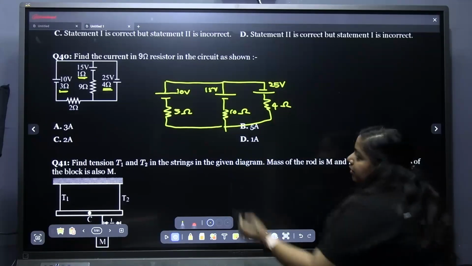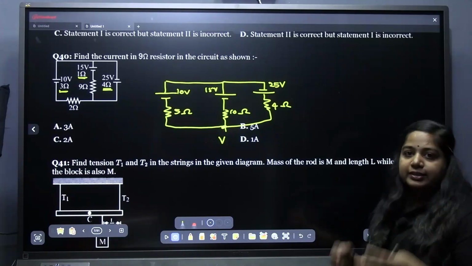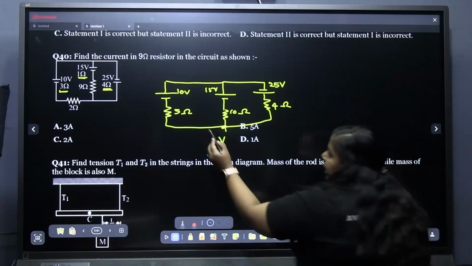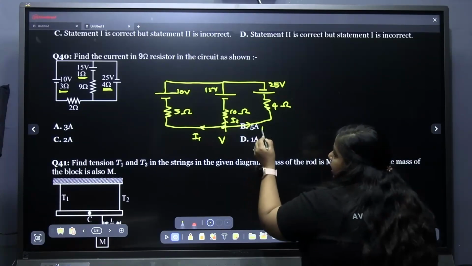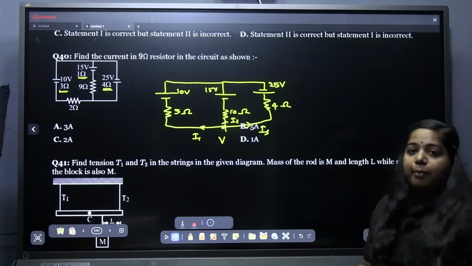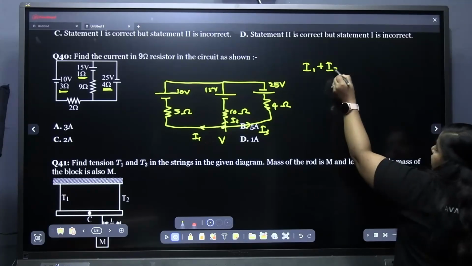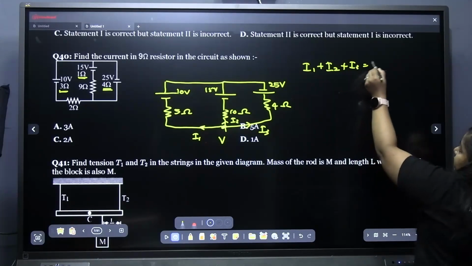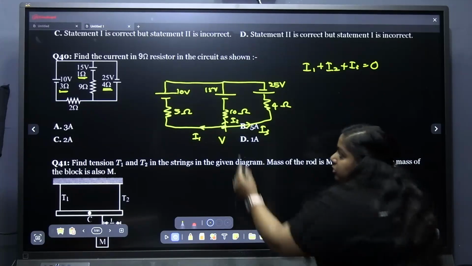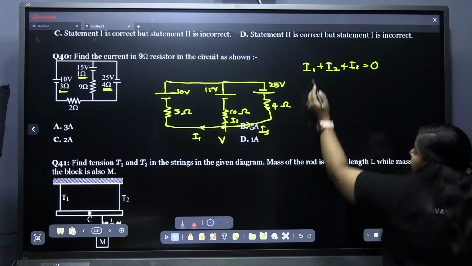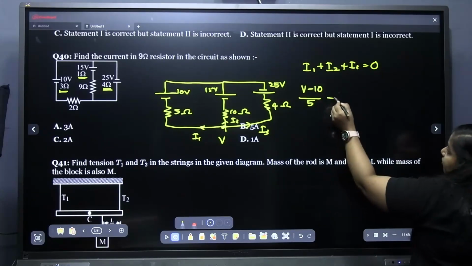Now the thing is, we will consider this point as point V. Let's say its potential is V and current I1 is going here, current I2 in this direction, I3 in this direction. Applying KCL, we get I1 plus I2 plus I3 equal to 0. This point's potential is V, so V minus 10 by 5 is I1.